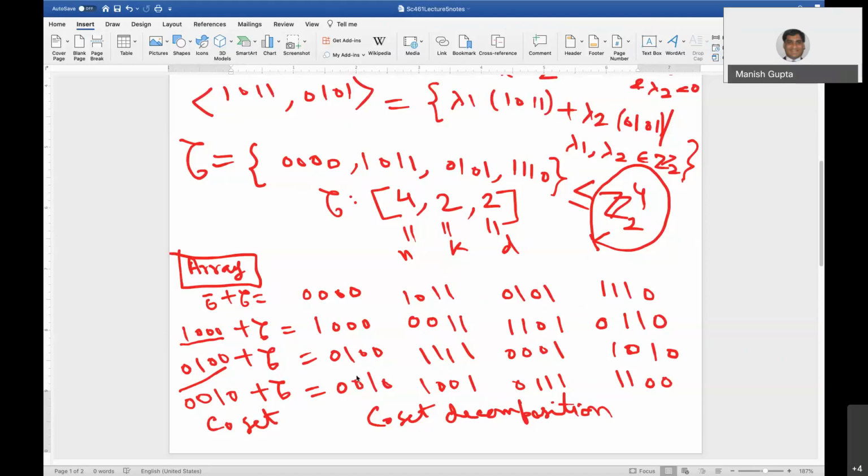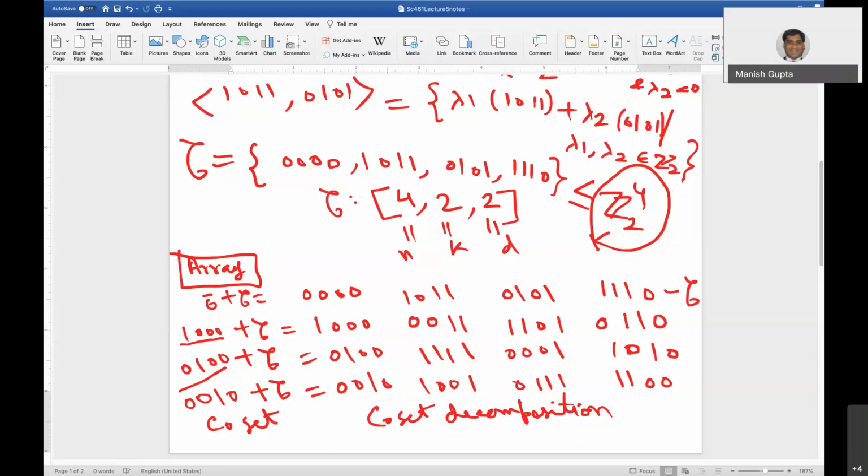The first one is of course C, because 0 plus C is C. So this is your C. The first is C, and the rest are 1 0 0 0 plus C, 0 1 0 0 plus C, 0 0 1 0 plus C. This is known as coset decomposition of the whole space.